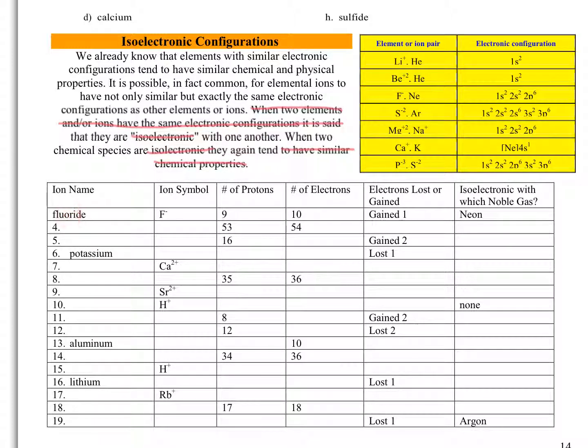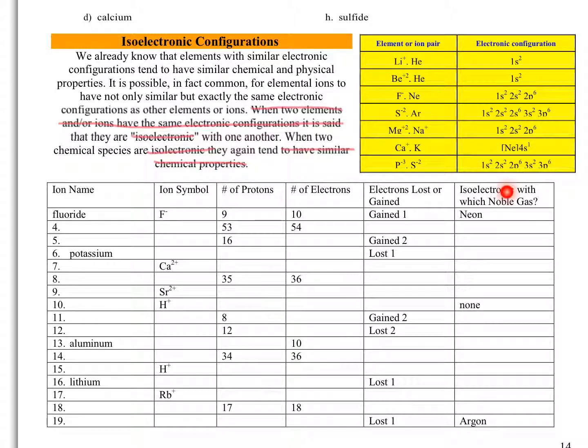So if you look at this first example, we have fluoride. It's an anion, so we do F, look for its charge on our periodic table, F-. Number of protons comes from my atomic number, 9. Number of electrons, well, if I have 9 protons and my charge is -1, I must have gained an electron, which would be 10. So I gained 1. Say how many they gained or lost.